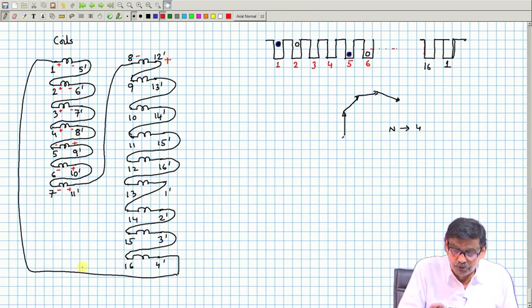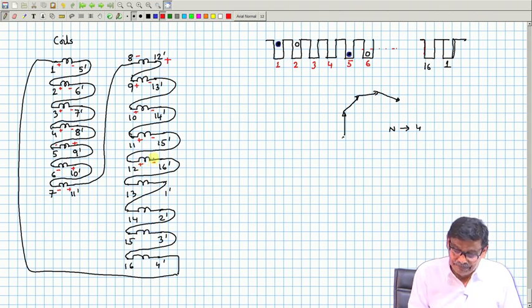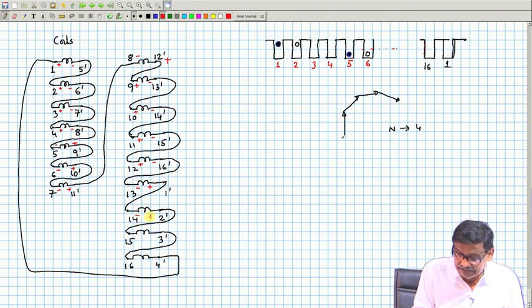And then the next 4 will be under the influence of the north pole, and this will be plus minus, plus minus, plus minus and plus minus. And the other 4, 13, 14, 15, 16, will be under the south pole, and this will once again be minus plus, minus plus, minus plus, minus plus.